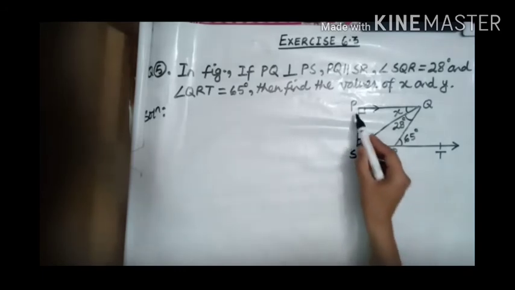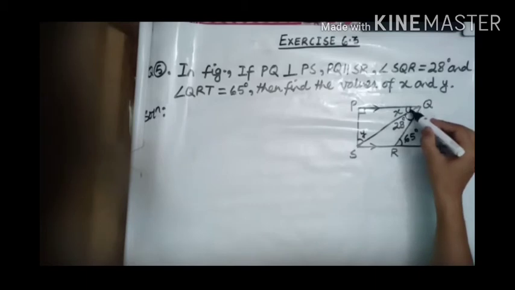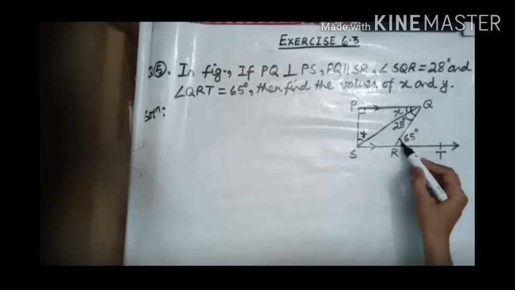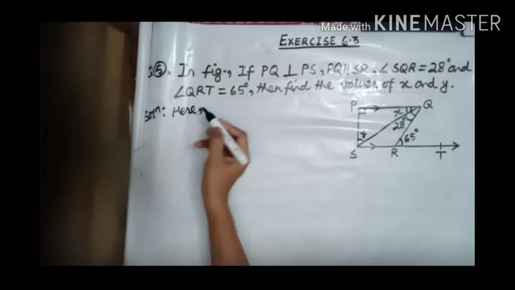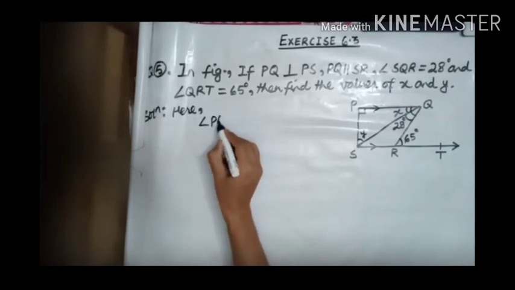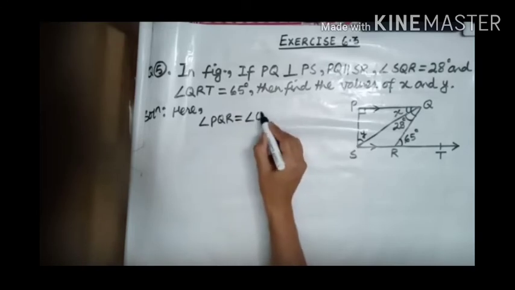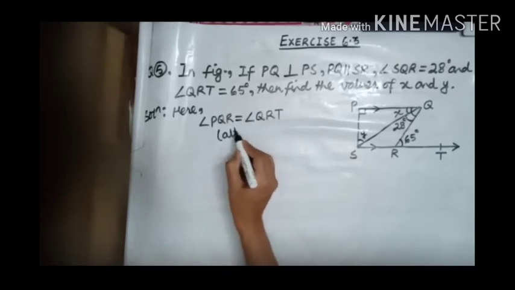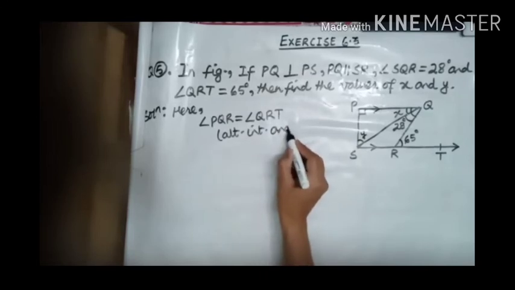So this time, as PQ and SR are parallel to each other, therefore for the transversal QR, the alternate interior angles so formed, angle PQR and angle QRT, will be equal to each other. So here angle PQR equals to angle QRT. Reason: alternate interior angles.